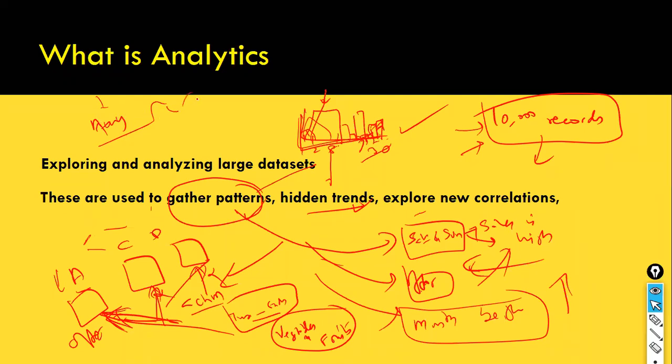In the stock market, based on those reports they will see when they are supposed to invest. Only when you invest at the right time can you expect a return. Otherwise, what will happen? Whatever money is invested, everything is gone. It's like gambling, right? So you need to monitor the pattern, when the prices are going up, when the prices are going down, which company's stock prices are going up, right?